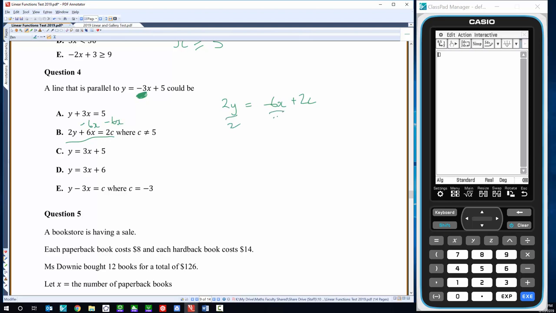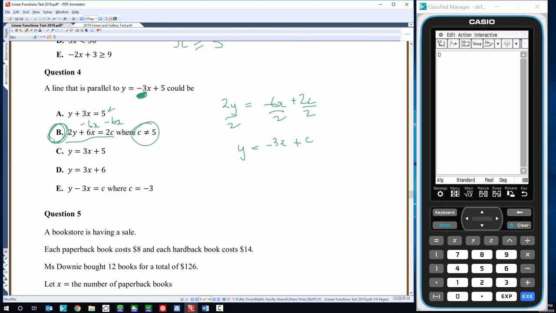Now I'm going to divide by 2, and divide by 2. y equals -3x plus c. And it says here c can't be equal to 5, so c can take on any other value other than 5. If it was 5 exactly, then it wouldn't be parallel, it would be the same. Okay, so that is our solution there.